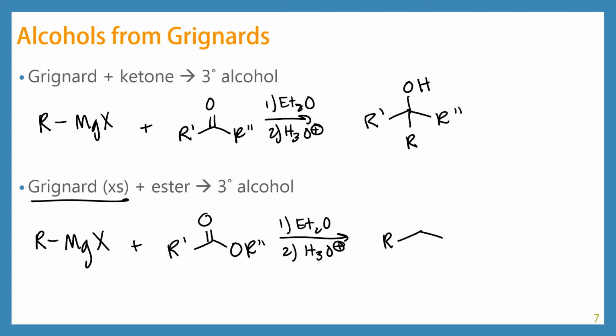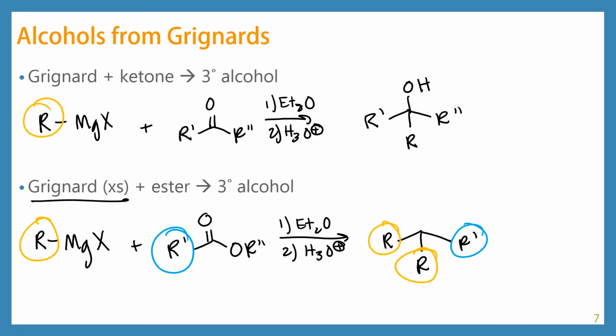But notice that we end up with 2 R groups from the Grignard, and then the R group from the carbonyl side of the ester. Whereas in the previous one, the Grignard R group appears once, the R prime group appears, and so does the other R group.